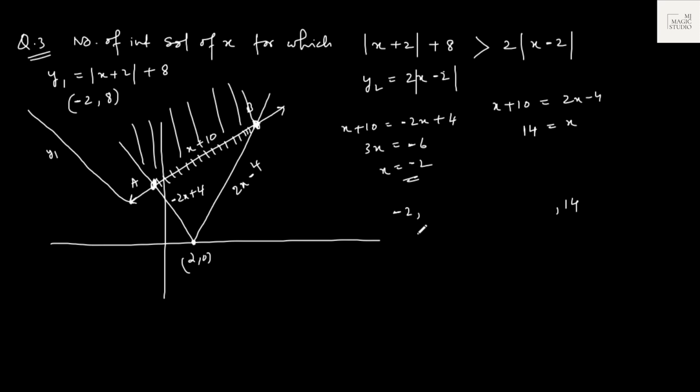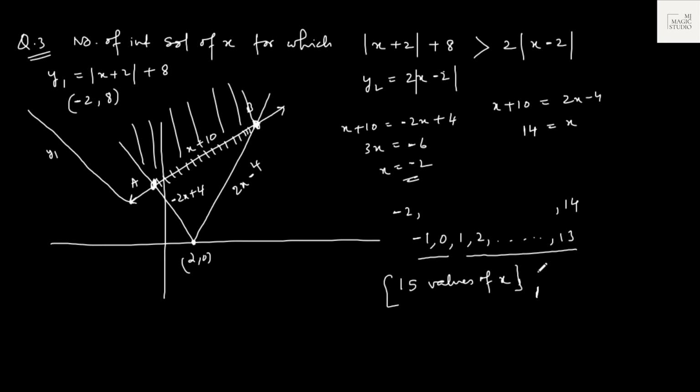So from minus 2 to 14, we have got minus 1, 0, 1, 2, 3 till 13. So 13, 14, 15. There will be 15 values of x for which the inequality holds good.